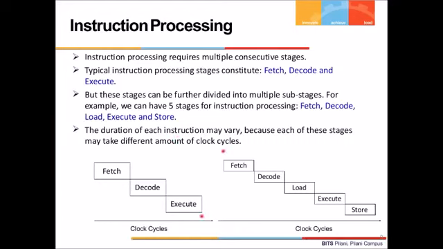For example, execute may take a different number of clock cycles. The decode also may, and even the fetch may, because if the instruction widths are different, one instruction may require 2 bytes, another may require 1 byte. So the timing, meaning the clocks required for fetching the instruction, will also differ. Okay.